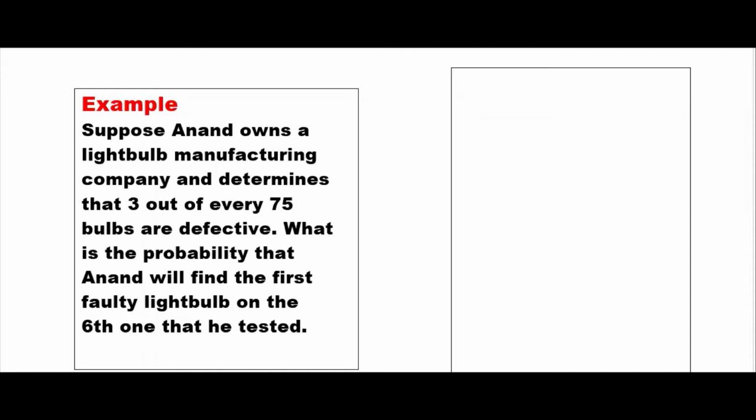You have to replace it, and it's not that there are only 75 bulbs. Nowhere it's written. See, when this kind of question is given, 3 out of every 75 bulbs means it's not that there are only 75 bulbs. Maybe there are 750 bulbs, maybe there are 1000 bulbs. Don't think that 1000 should be a multiple of 75 also. We are not saying that.